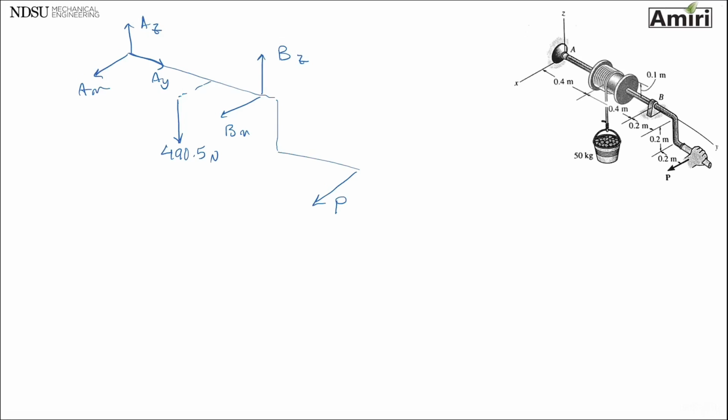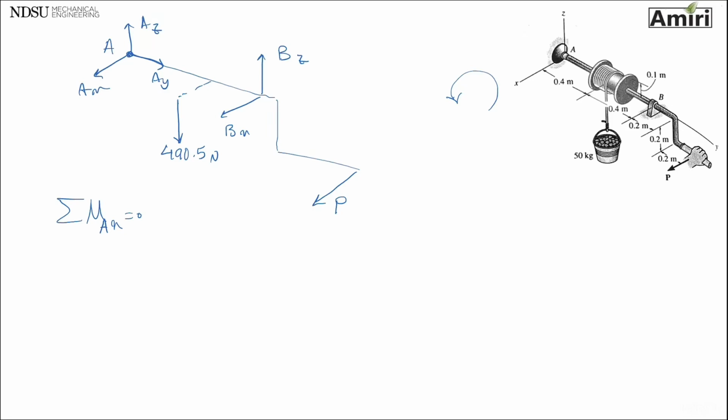Okay. So let's just start with summation of moment about x-axis being 0. Anything that is trying to rotate this whole thing about x-axis, meaning anything that is rotating this way. You know what? Let's take point A. Anything that is trying to rotate this whole thing at point A about x-axis, so basically anything that is pointing up or pointing down, I have to take it into consideration.